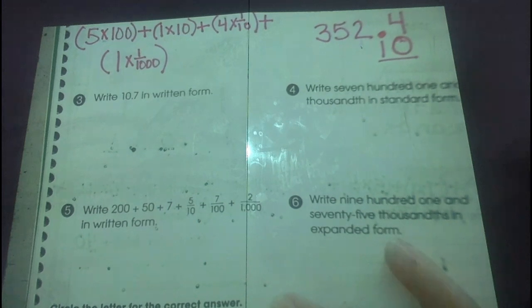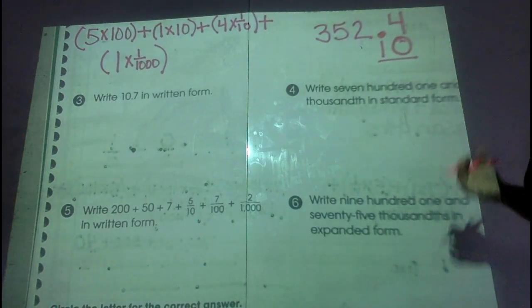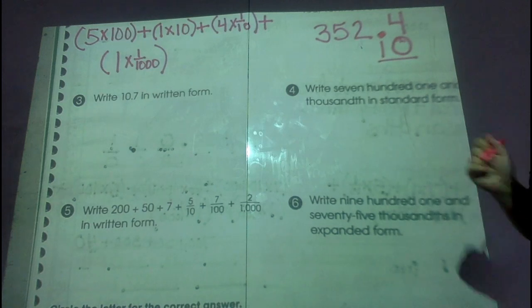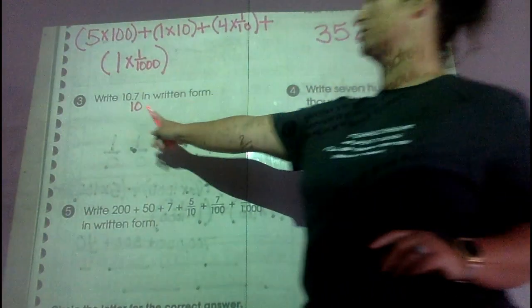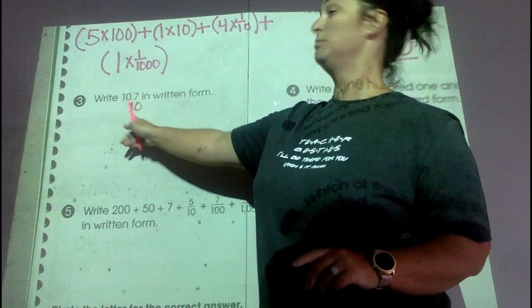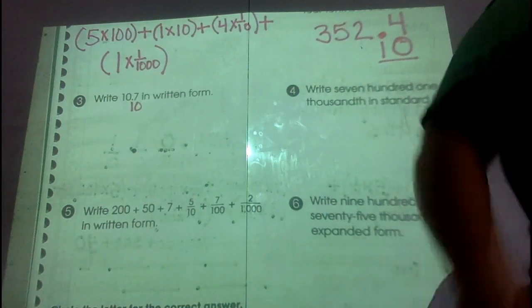Next one, this next one's going to be pretty easy too. We're going to write 10 and 7 tenths in written form because we know that 7 is in the tenths place because we can put our 1 under our decimal and put our 0 because we have 1 place out. So that tells us that it's the tenths place.